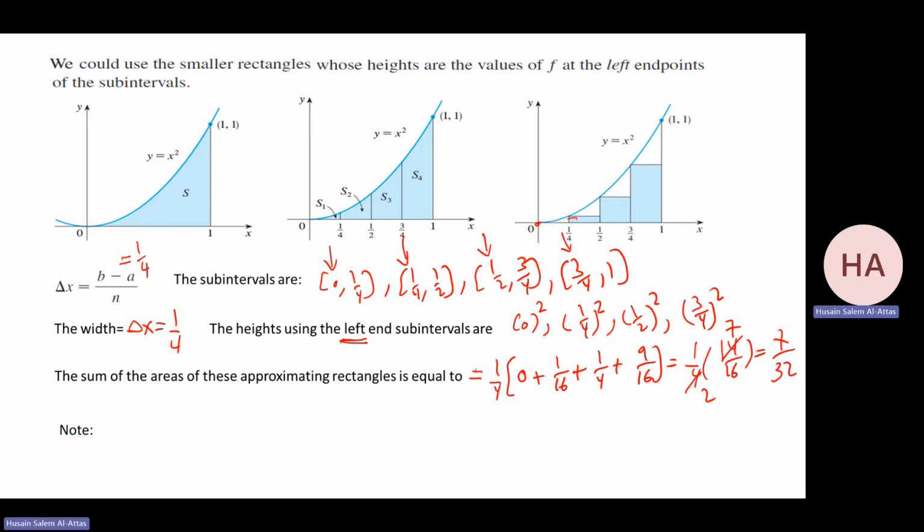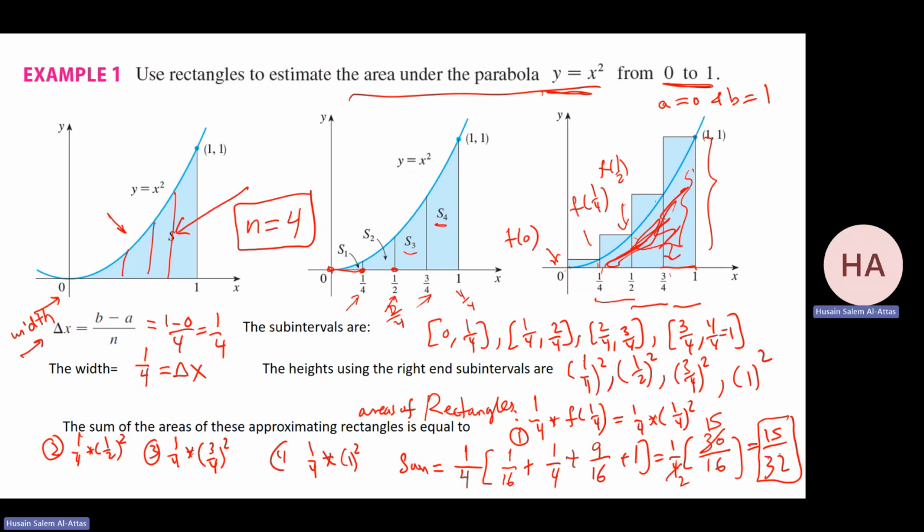You notice that this approximation is less than my area. I have these parts missing. So if I use the left endpoint, my sum will be lower than the actual area. If I use the right endpoint, in this case, it's not always true, my sum is more than the actual area, and they call it the upper sum.